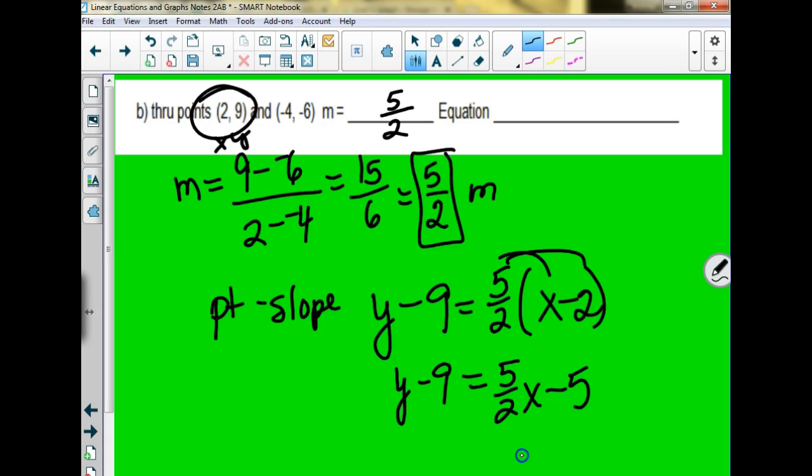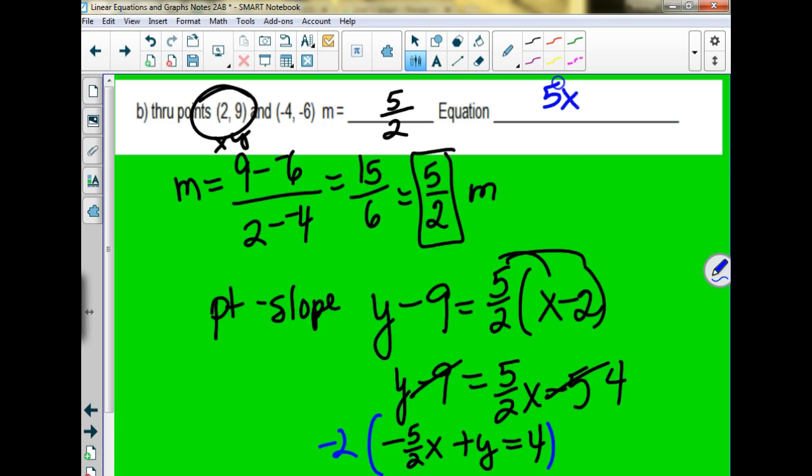What would you want to do? Okay, you could add the 9 first. It wouldn't matter. Yeah, you got to move this over here. But you can't have a fraction either if it's that stupid standard form. Multiply through. It'd be easiest to multiply through by a -2 because it'd take care of everything. So you'd have 5x minus 2y equals -8, I think, if I did that right.